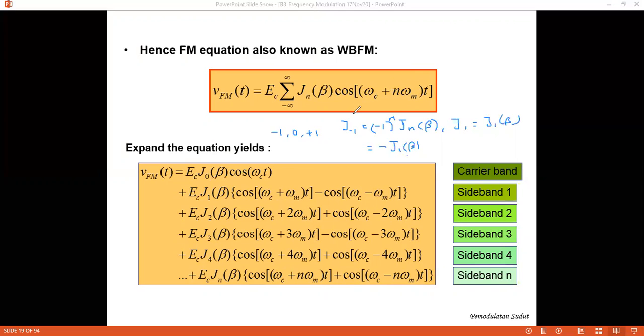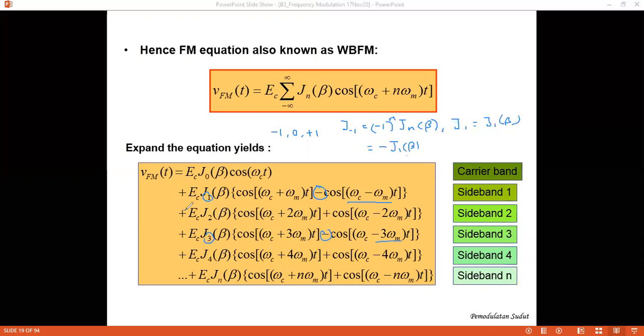That's why every time we have n odd, the lower sideband has a negative sign. This is the important thing that you have to take note of. For even, it's the same: positive sign for both upper and lower.